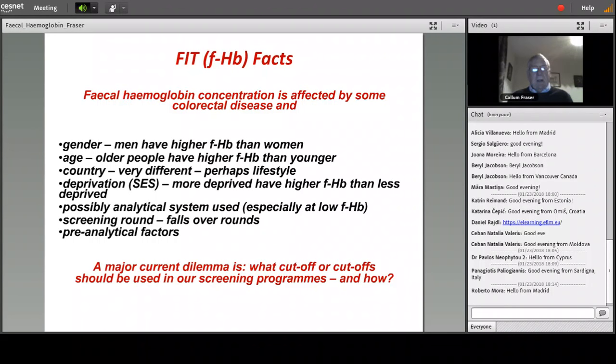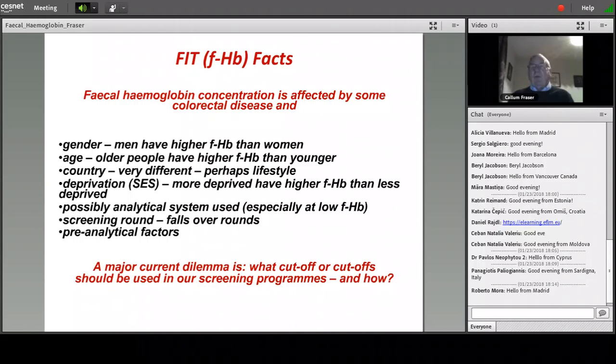Therefore, we have found that fecal hemoglobin is obviously affected by some colorectal disease, but men have higher fecal hemoglobin than women, older higher than younger. The countries are very different from one another. Deprivation is important. More deprived people have higher fecal hemoglobin than less deprived. The analytical system certainly can affect the fecal hemoglobin, especially at low concentrations.